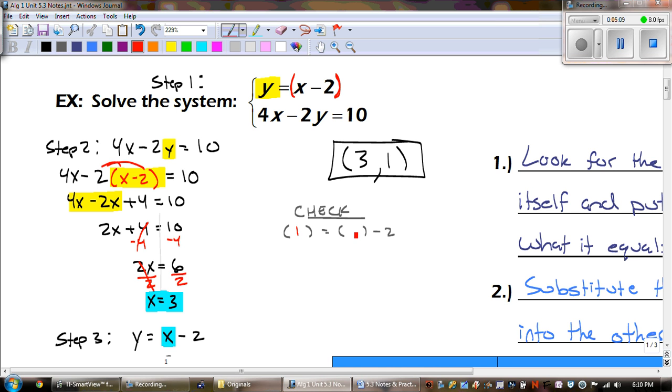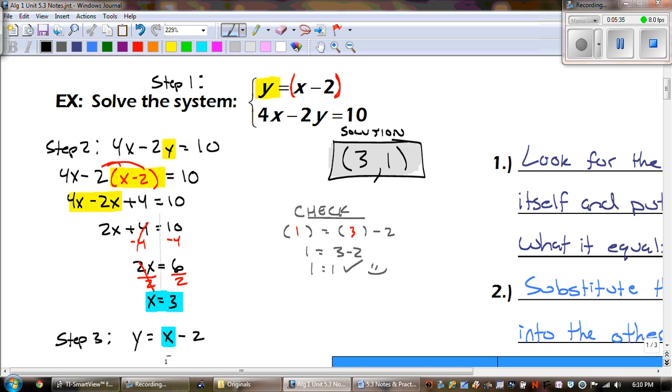So y is 1, x is 3. 1 equals, well, 3 minus 2. What's 3 minus 2? 1. Yay! So my answer is (3, 1). We would say that this is the solution. It's where those two lines intersect.